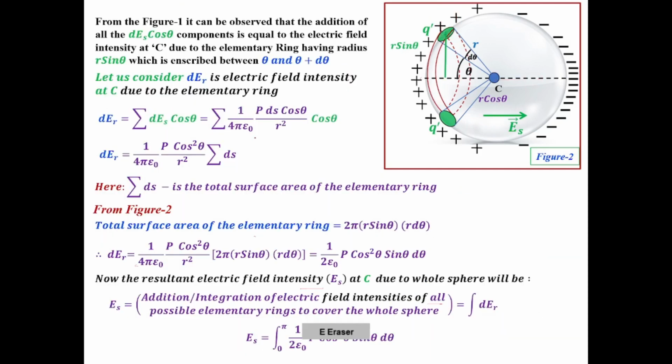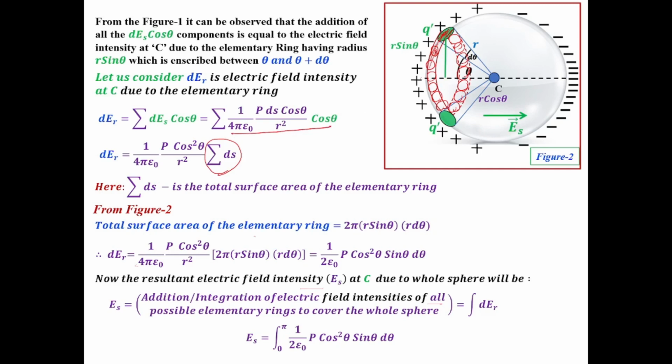But into summation over dS means we are going to consider all the dS on this elementary circular strip or ring. So for this particular dS, what is the electric field intensity at C is this one.